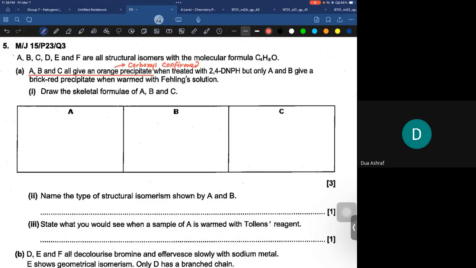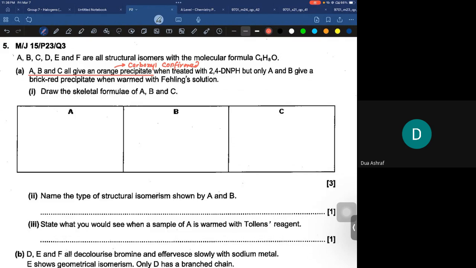So furthermore, they confirm that only A and B give a brick red precipitate when warmed with Fehling solution. So only A and B are aldehydes. Why? Because they give the positive test for Fehling solution.